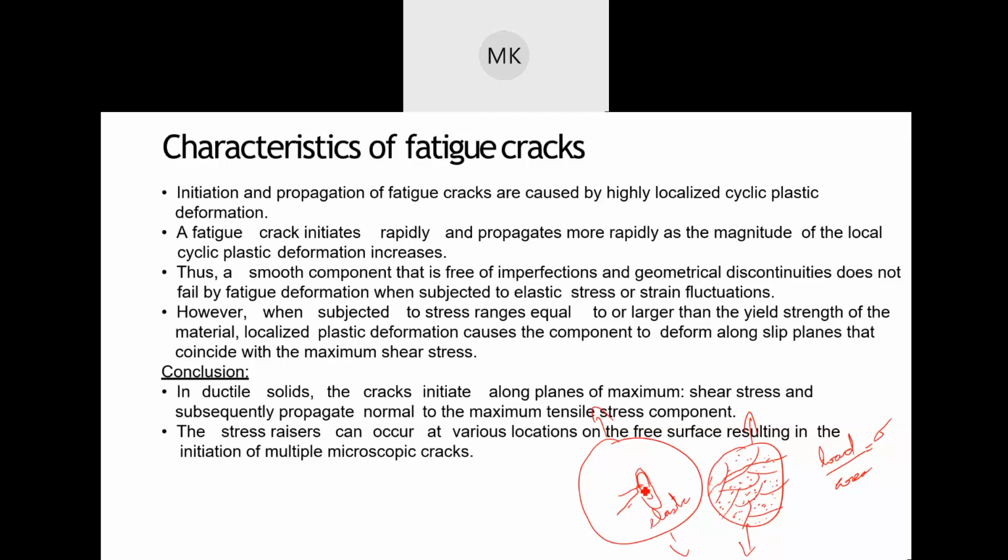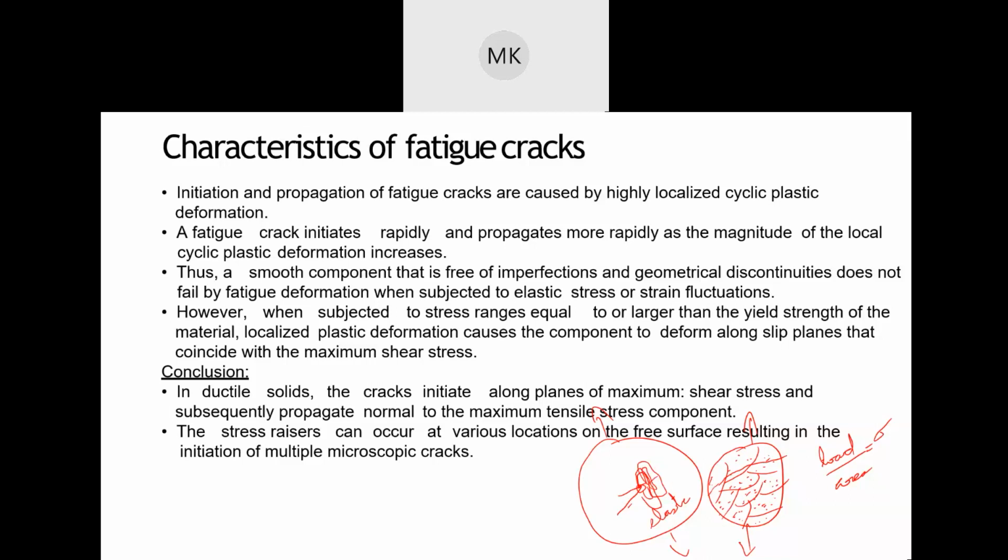And once the plastic zone goes beyond a certain stress, then you're going to have propagation of the crack. And after that, you're going to have more plastic zone generated, and the plastic zone is going to grow until it reaches another size, and then you're going to have a crack growth.